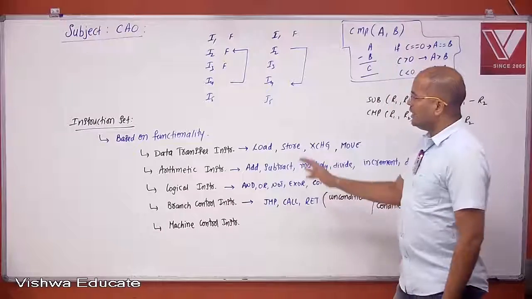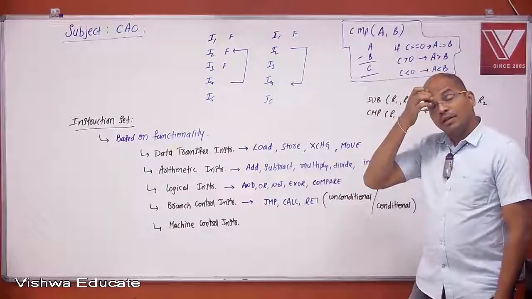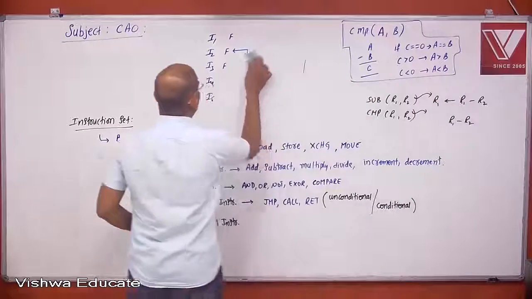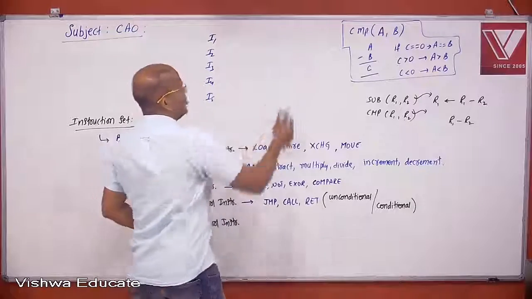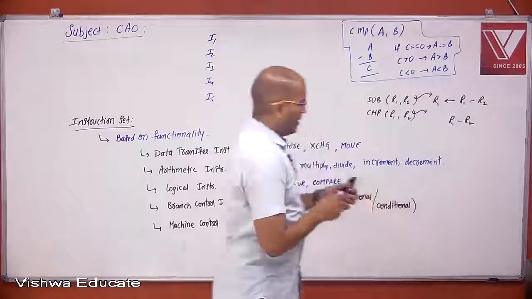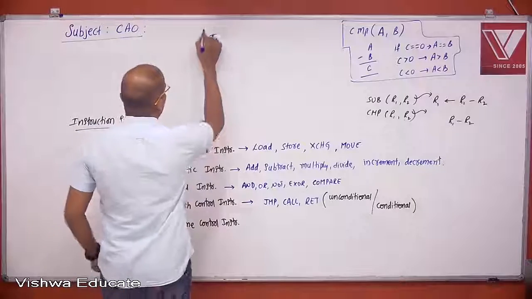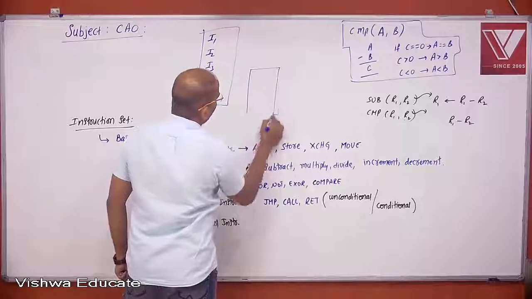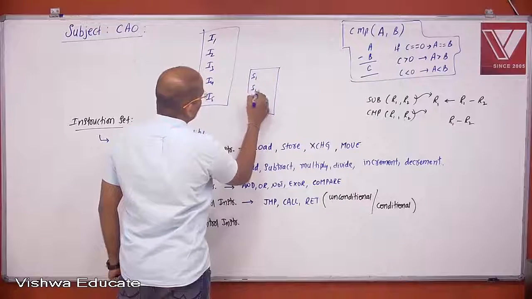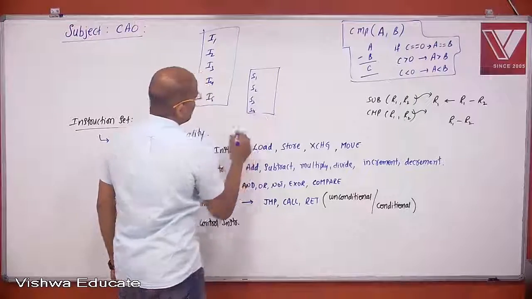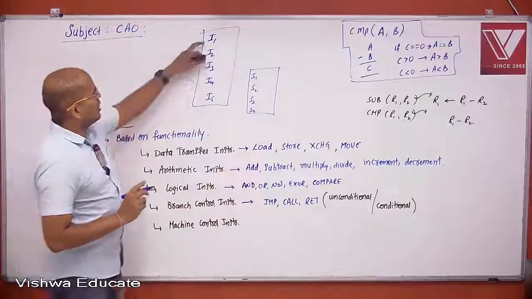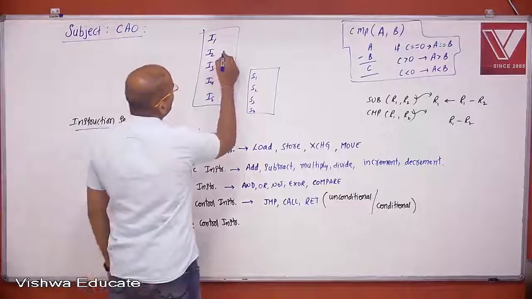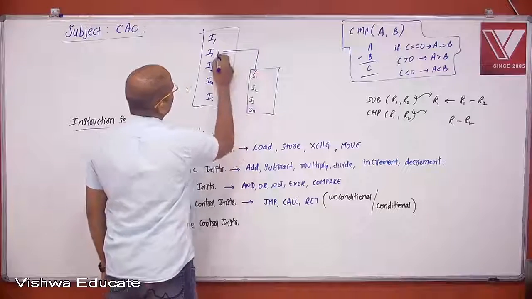Similarly, in assembly language programming, we have a concept like this: this is one routine and this is another routine called a subroutine, S1, S2, S3, S4. The sequence is I1, I2, I3, I4, I5, and at I2 I want to go to S1 instead of I3.